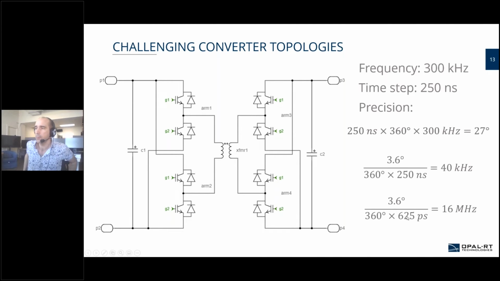Nowadays we interpolate our signals in the simulator, so the digital inputs are sampled at 625 picoseconds. We would actually get the same 3.4 degrees of precision and could go up to 16 megahertz, but naturally that's not a switching frequency that we're going to go for.